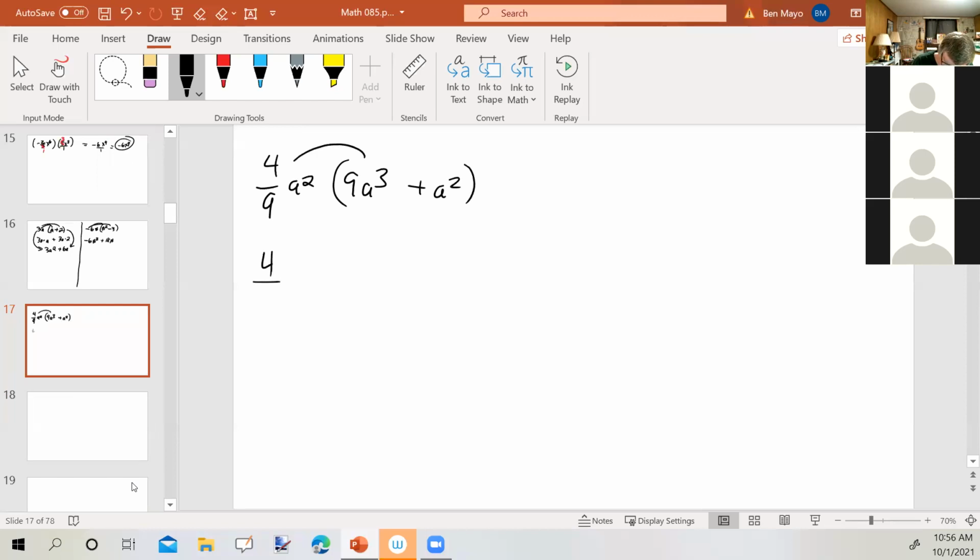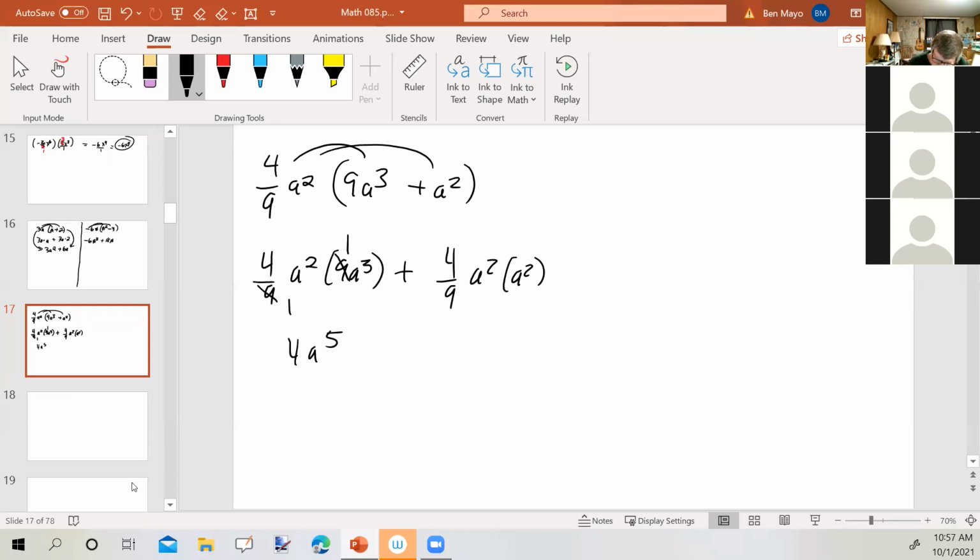So I'm going to get 4/9 a squared times 9a cubed plus 4/9 a squared times a squared. So my first product, the 9's reduced down to 1/1, and I have 4a to the 5th. My second product, nothing reduces, 4/9 a to the 4th.